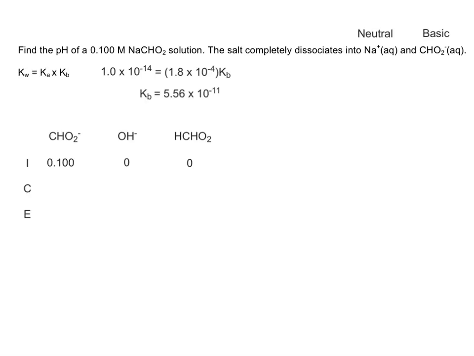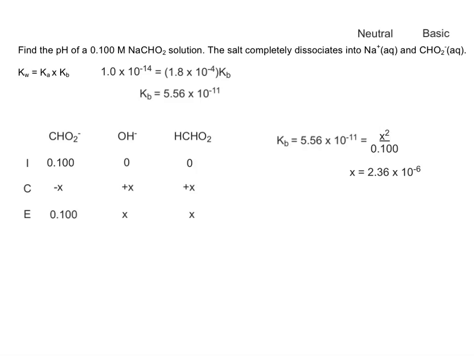Then our changes are going to be minus x, and plus x. The equilibrium concentration of the formate ion is still going to be 0.100 because Kb is so small that it's not going to change enough that we could see a difference. And our concentrations of OH- and formic acid are both going to be x. So we have Kb equals x squared over 0.100, which means that x is equal to 2.36 times 10 to the minus 6th, and that's our OH- concentration.